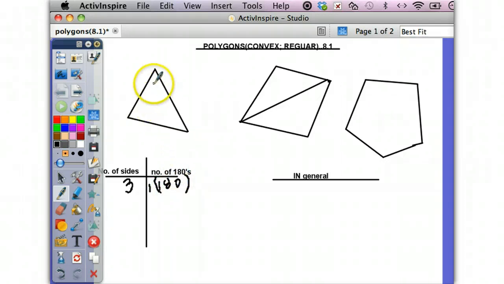We all know that every triangle has 180 degrees when you add up the interior angles, and that's what we're after. Yes, Luke? I was going to ask, it says number of 180s, and all it says is 180. Yeah, I should say, let me tell you what we're talking about. We're talking about the sum of the interior angles.